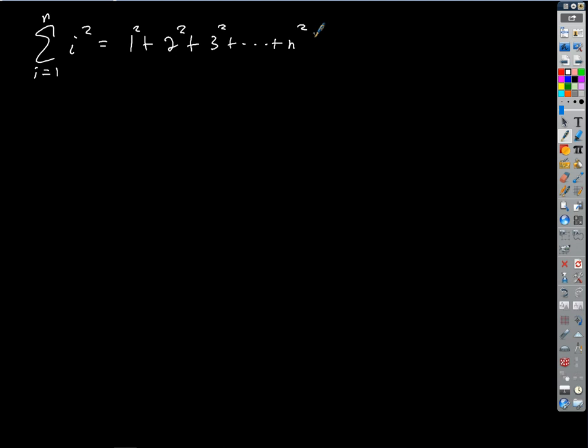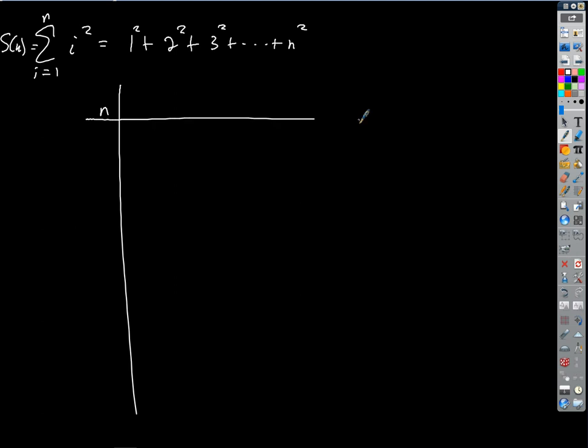So let's make another table where I'm going to have n. We'll call this S of n again. I've got n, leave some space here.